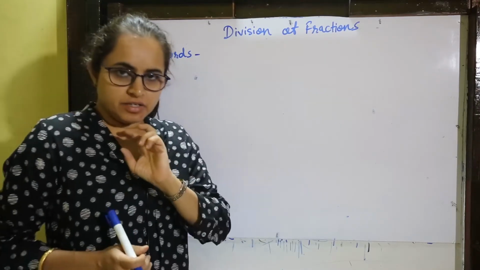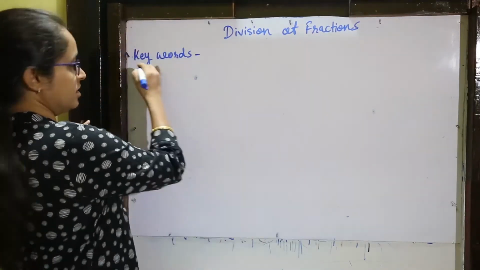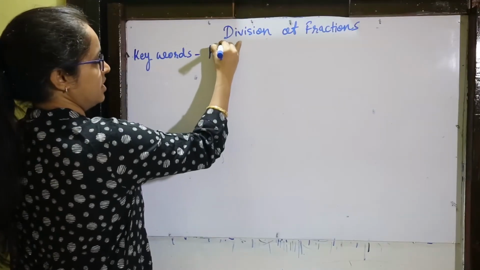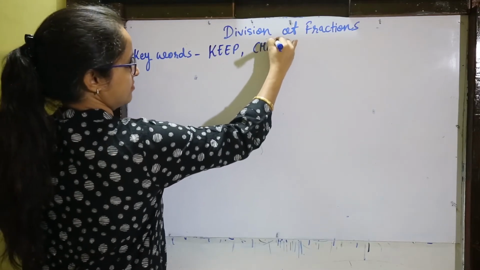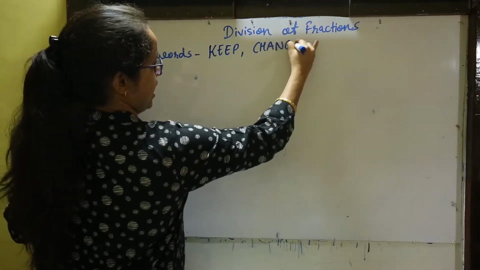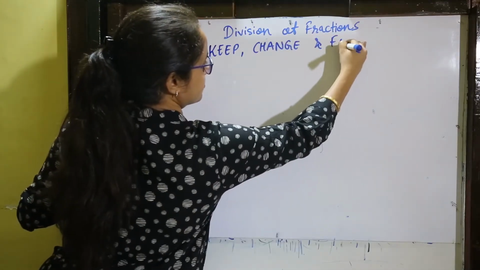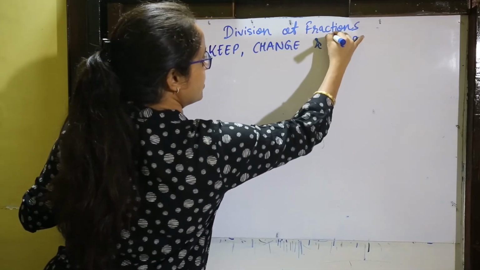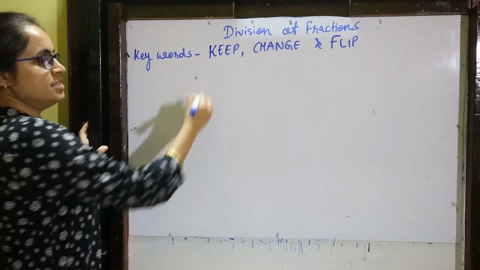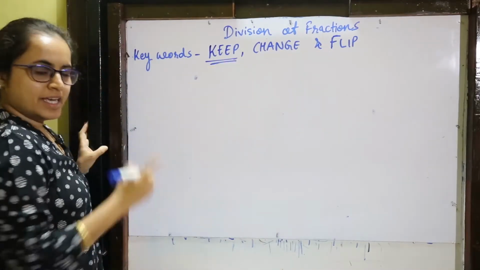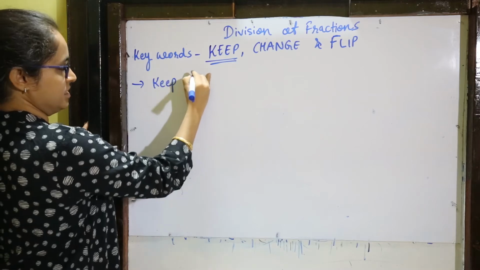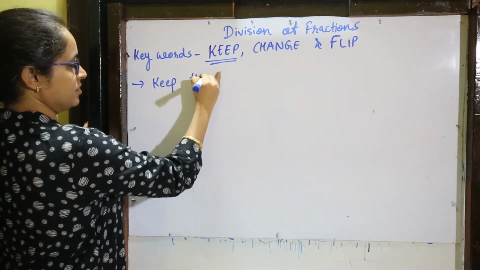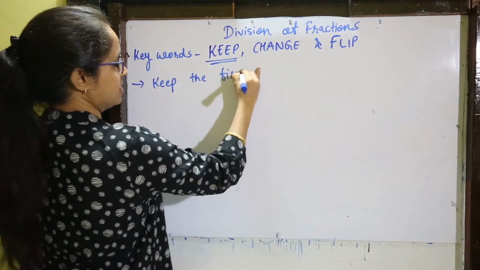Okay, remember these 3 keywords: keep, change and flip. Now how will these keywords help you? First is keep. Keep the first fraction as it is.